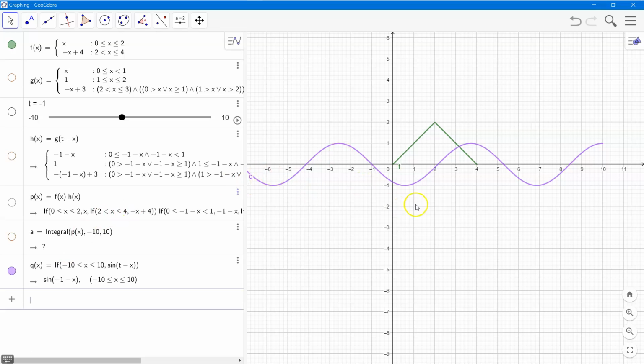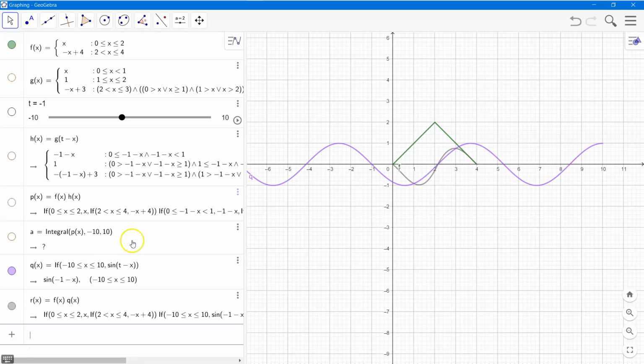So we have got a sine function, which is a periodic function, and it keeps going indefinitely in either direction. Okay, so this would be much more interesting. Let's say f of x times q of x, right?